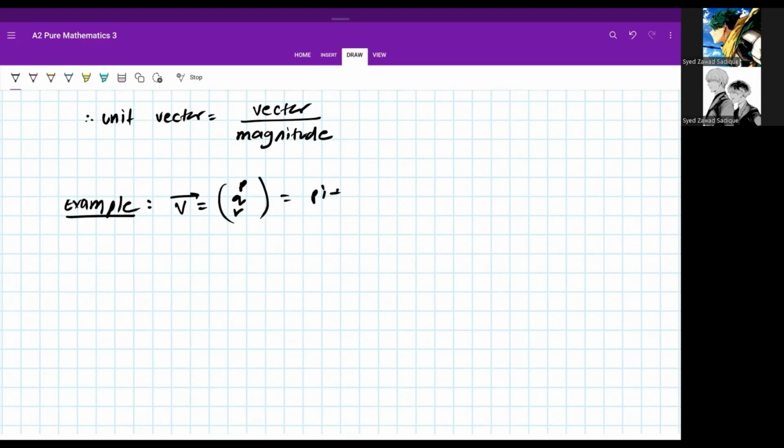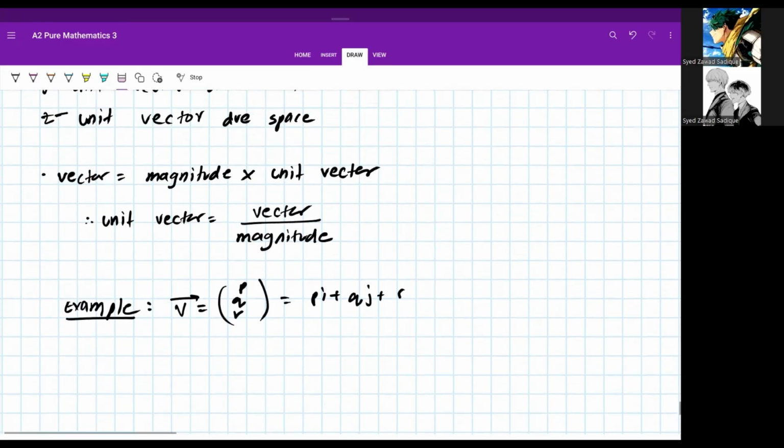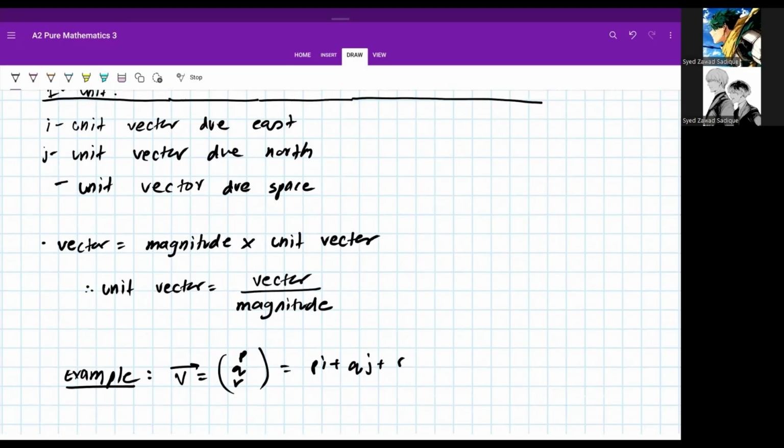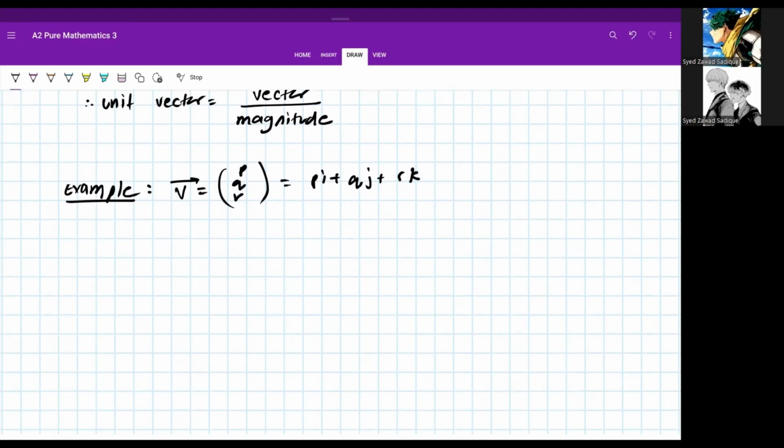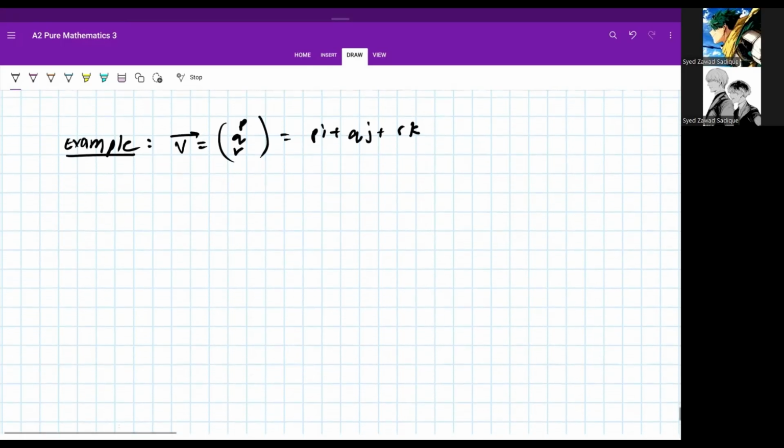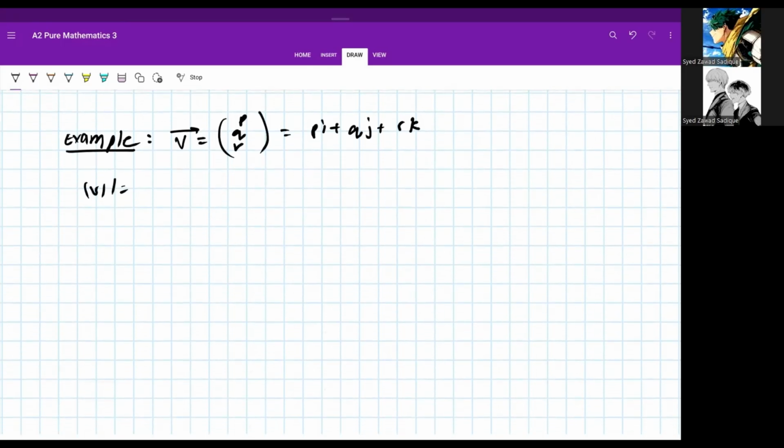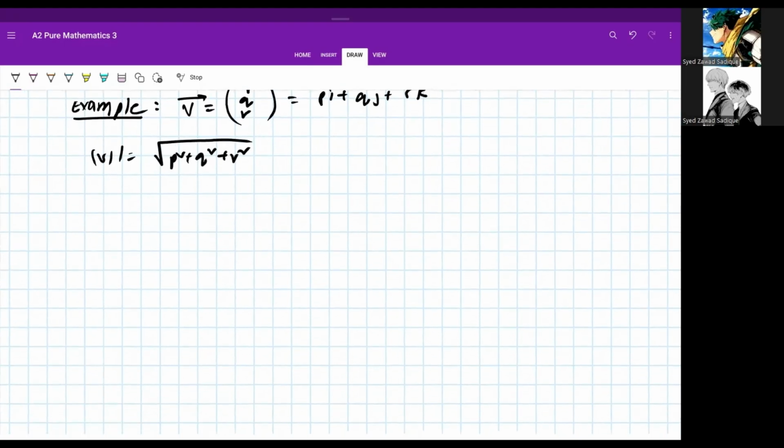It can be written as Pi plus Qj plus Rk. Sorry, I made a mistake, not Z, this should be K. So the magnitude of V is root of P squared plus Q squared plus R squared. Therefore, the unit vector is the direction vector divided by the magnitude.